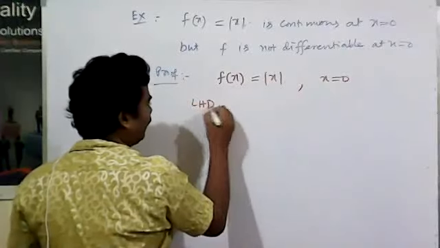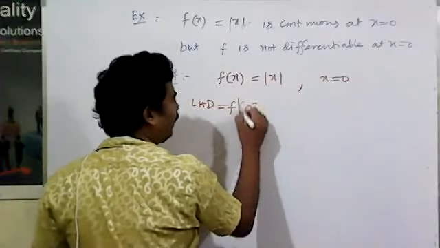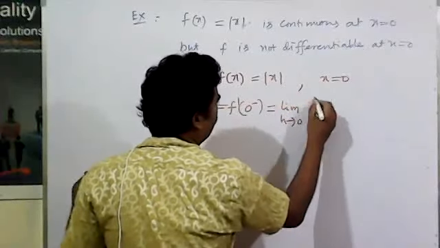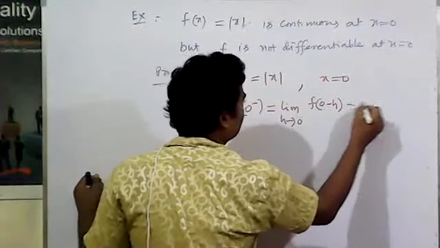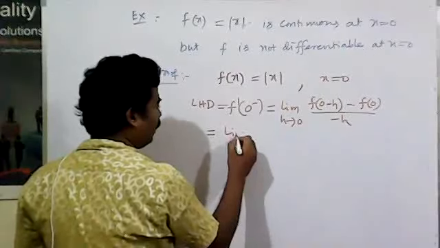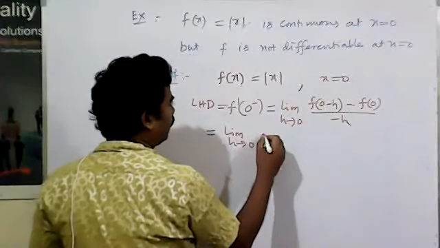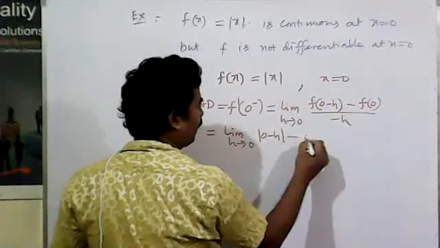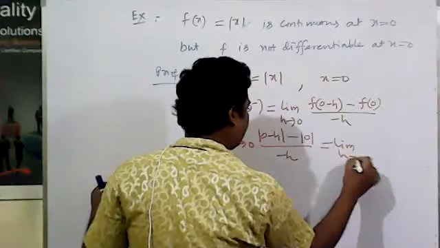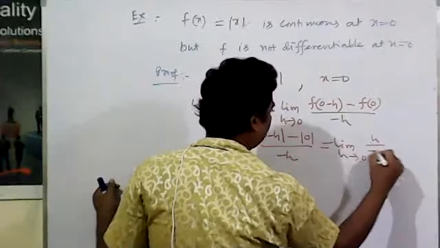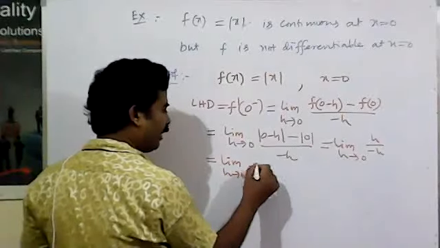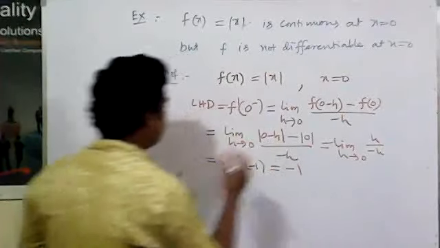So LHD, that is f dash 0 minus, is equal to limit h tends to 0 of (f(0 minus h) minus f(0)) by minus h. That value is limit h tends to 0 of (modulus of (0 minus h) minus modulus of 0) divided by minus h, that is limit h tends to 0 of h by minus h, which comes to minus 1.